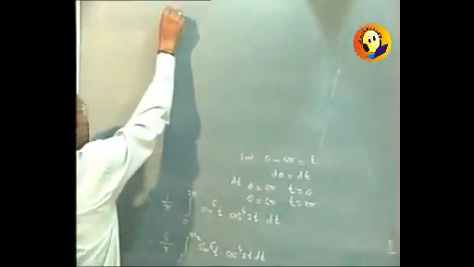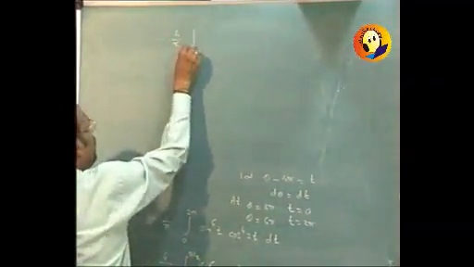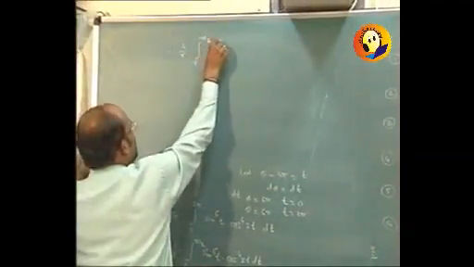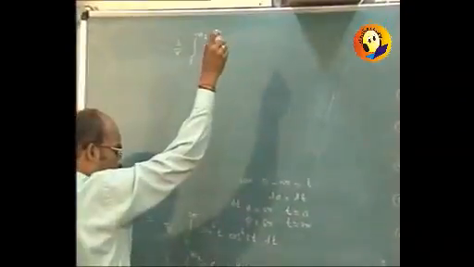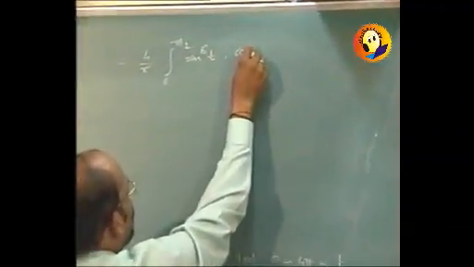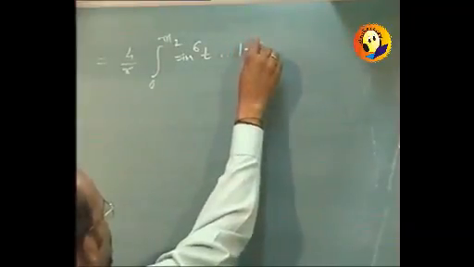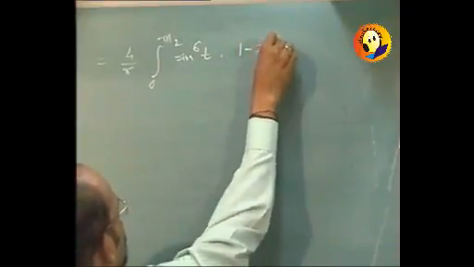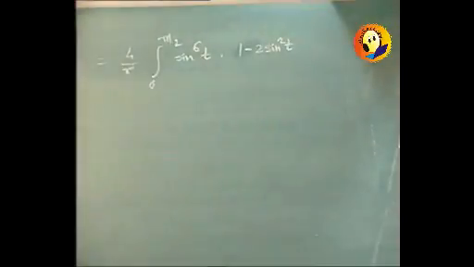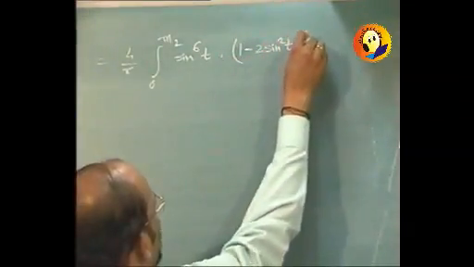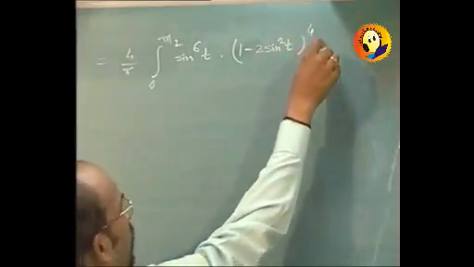writing it as 4/π integral 0 to π/2 sin^6 t into cos 2t, or you can write it as 1 minus 2 sin^2 t. I am substituting for cos 2t as 1 minus 2 sin^2 t, bracket raised to 4 dt.